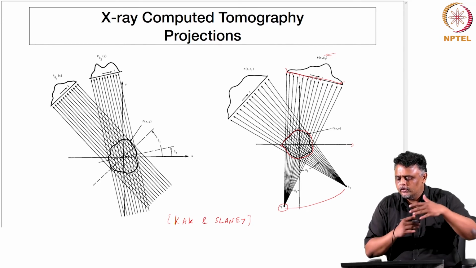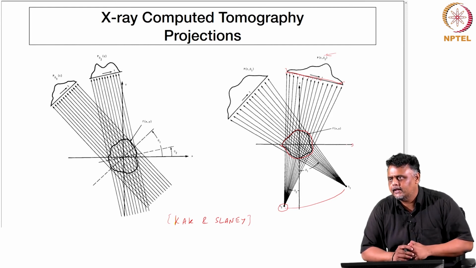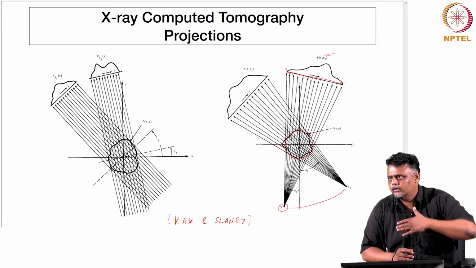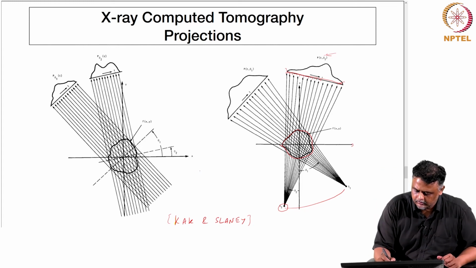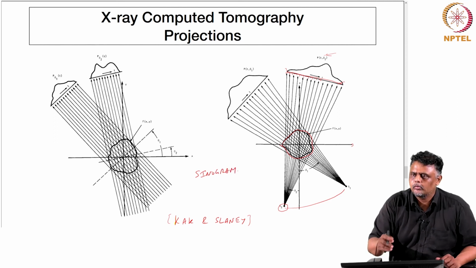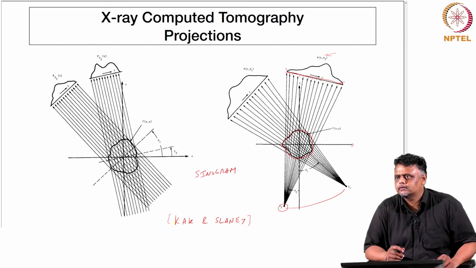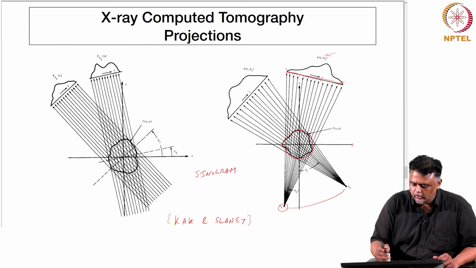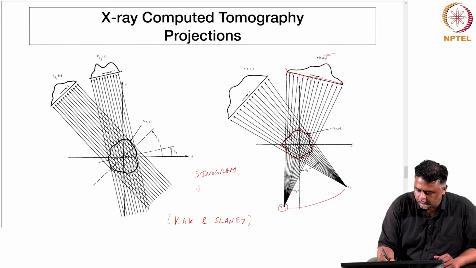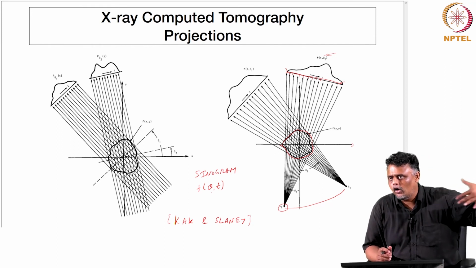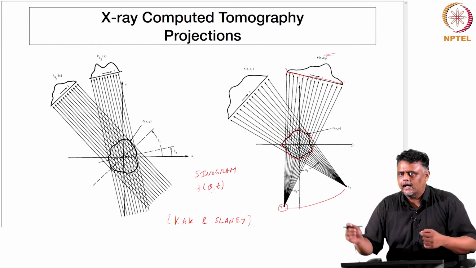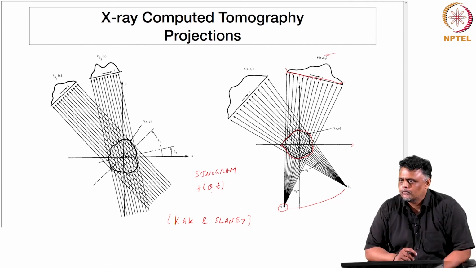If you stack them all up as a function of theta, one below the other, you get a 2D image called the sinogram, the collection of all the projections acquired at different angles. You can think of it as a function of theta and t. t is the distance along the detector array, and theta is the angle with which you move. We will get to reconstruction in the next step.